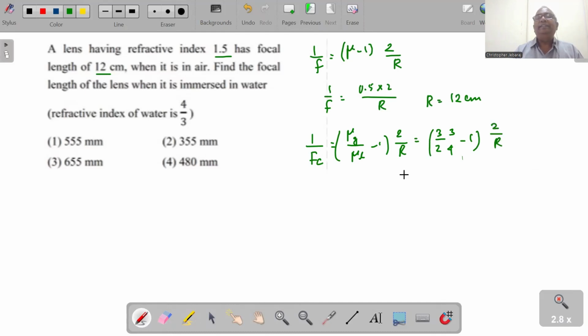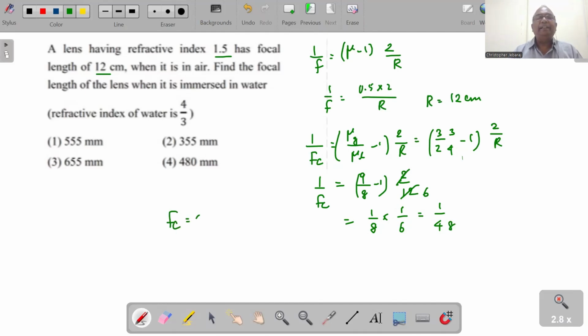So this becomes 9 by 8 minus 1 into 2 by 12. 1 by fc, we wanted to find the focal length of the combination. So 9 minus 8 by 8, 1 by 8 into 2 by 12, which can be written as 1 by 6, 1 by 48. So the focal length of the combination is 48 centimeter, which can be written as 480 millimeter. That's all.